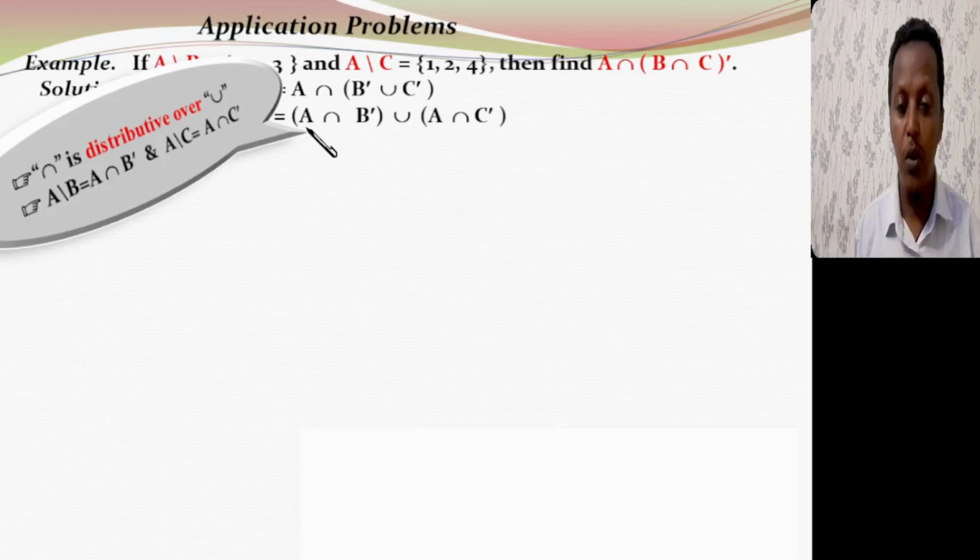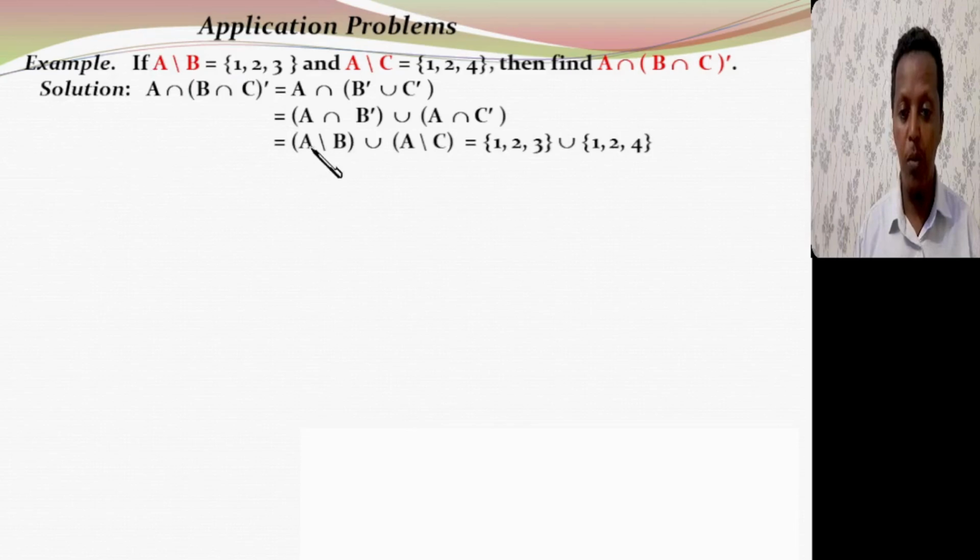And again, from the property of complement, A intersection B complement is A without B, elements in A but not in B. And A intersection C complement is the same as A without C, elements in A but not in C. So we can replace these by (A without B) union (A without C). Already we have these two.